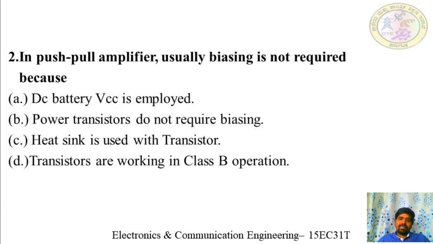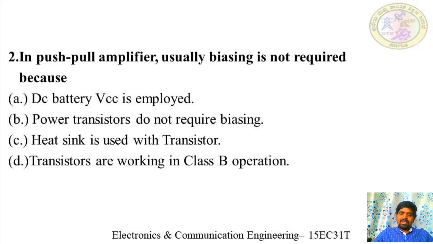Second question: in a push-pull amplifier, usually biasing is not required. Yes, it's a very important and useful question. So why is biasing not required? You can guess the answer. The answer is that transistors are working in class B operation.